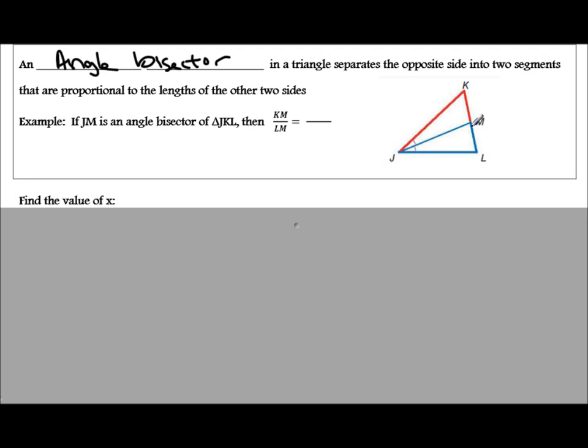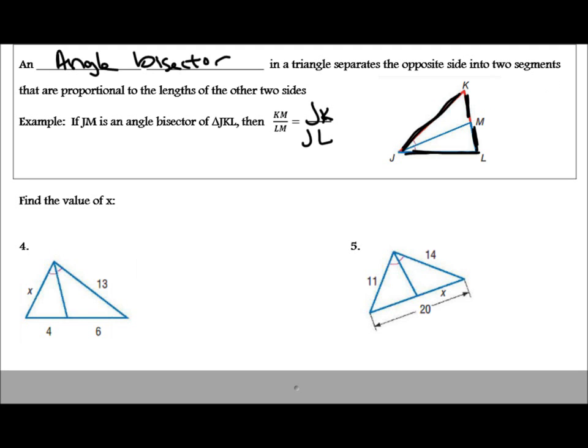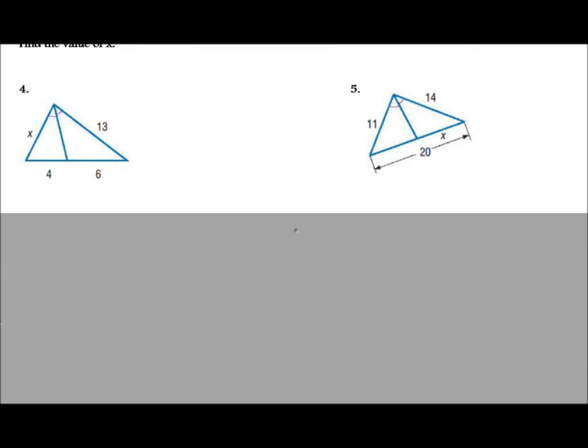So if JM is the angle bisector of triangle JKL, then we can say KM over LM equals JK over JL. This time we don't have two angle bisectors to compare, we only have one. So you're left with the remaining sides being proportionate. So let's explore that further in example 4.